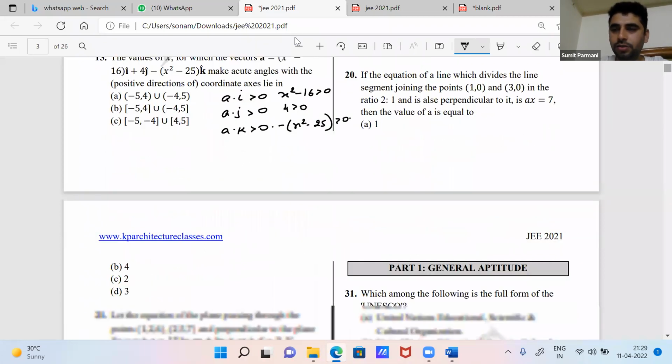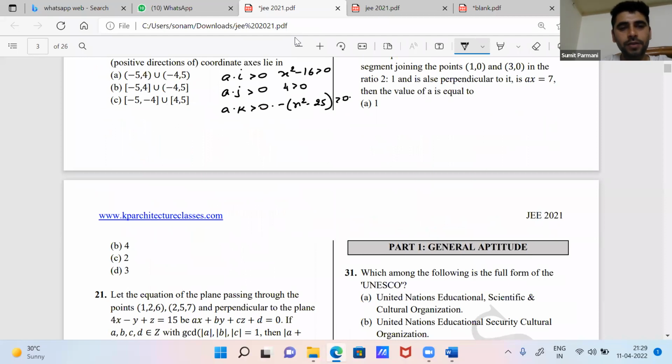From the first one I'm solving here itself. From the first one we have x square minus 16 greater than 0. That means x belongs to minus infinity to minus 4 union 4 to infinity. And from the last one we have x square minus 25 less than 0.